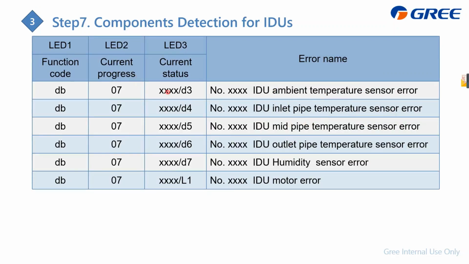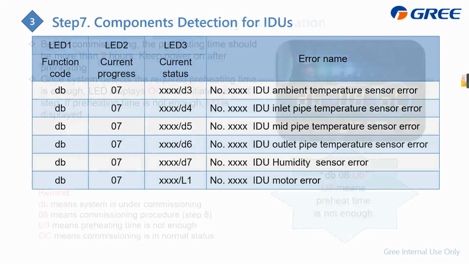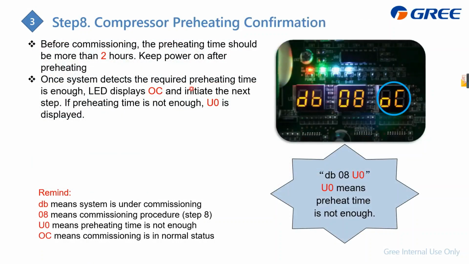For example, if one indoor unit's ambient temperature sensor has an error, at first it will display the address of this indoor unit, and then display the corresponding error code. Okay, so this is step 7. And then if there is no error, it comes to step 8 automatically.